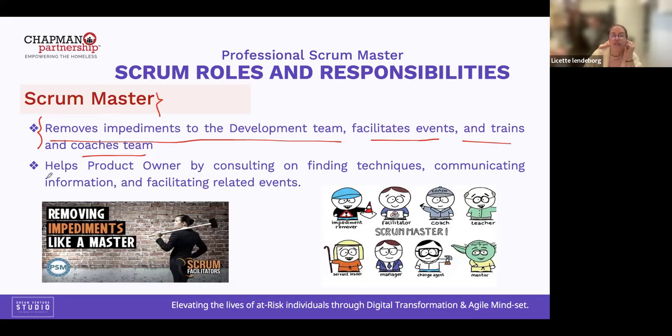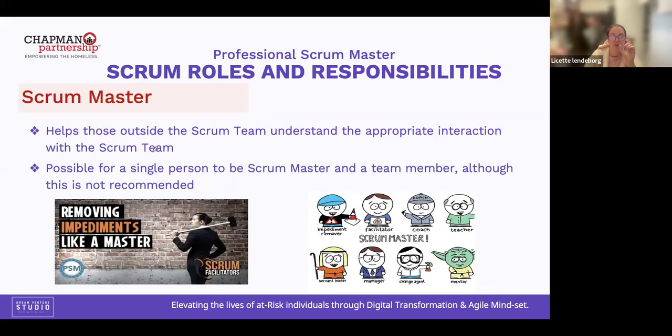Okay. So the Scrum Master also helps the product owner by consulting on finding techniques, communicating information, and facilitating the Scrum events. So we need to work with and help the product owner. Very, very relevant information.